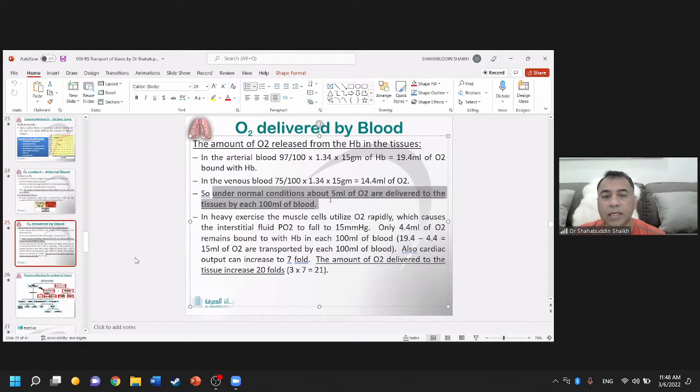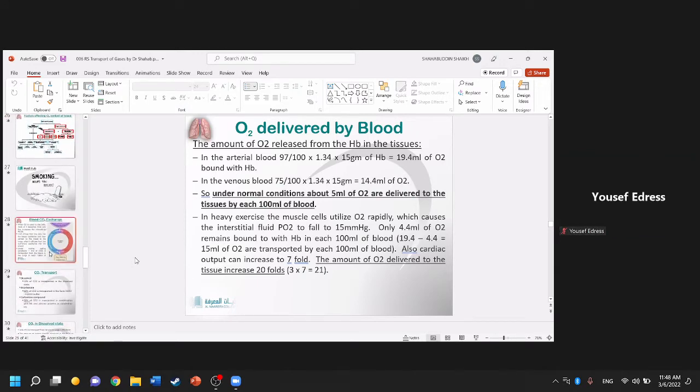Under normal condition, about 5 ml of oxygen is delivered to the tissue by 100 ml of blood. 100 ml of blood is carrying 20 ml, but only 5 ml is given to the tissue. So oxygen delivery to the tissue is 5 ml per 100 ml of blood, and carrying capacity is 20 ml per 100 ml of blood. Any difficulty till this part? No. Okay, clear. We have finished oxygen.